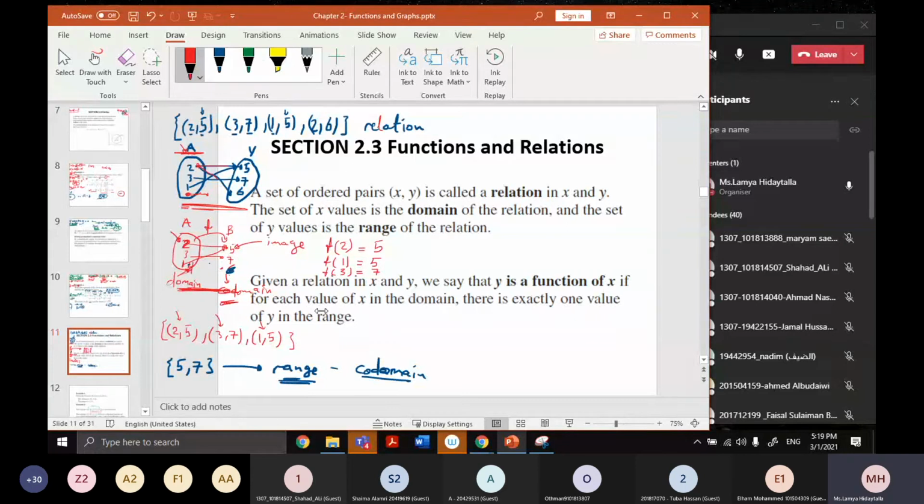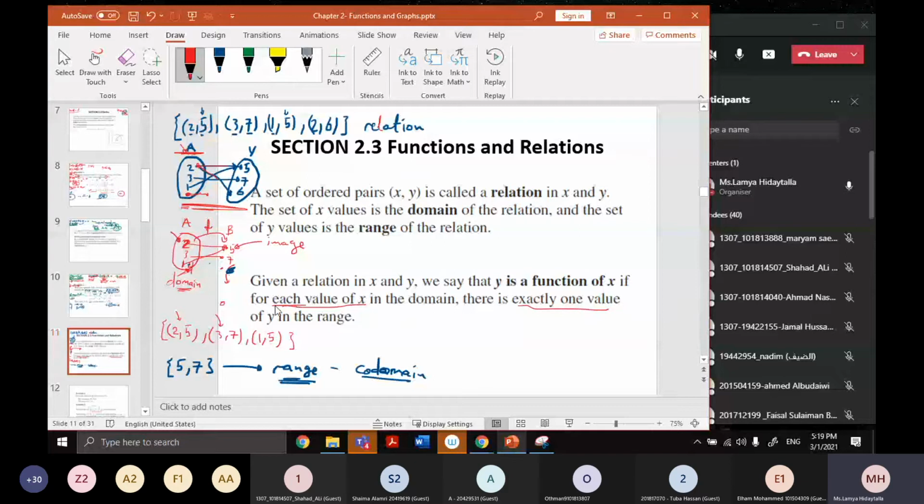That is, every element here should be mapped. So these are the two conditions. We say that y is a function of x if, one, each value of x in the domain should be mapped, and two, mapped to exactly one value.